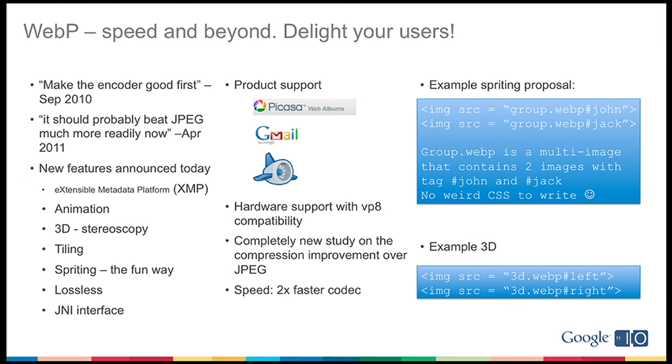And what you get with WebP is that when you have VP8 hardware support, you get WebP hardware support immediately. The next release will also have a much faster codec. Now that we have a very good encoder, we're spending some time writing assembly code to make it much faster. And that's it.